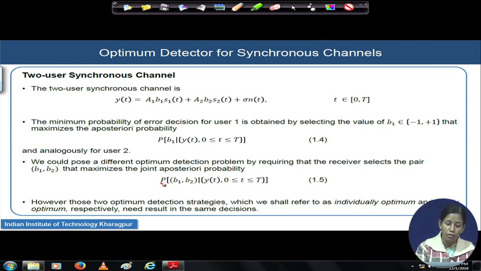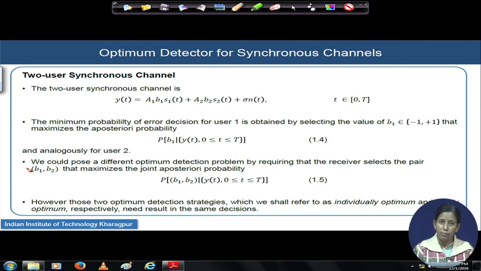One is to individually maximize the a posteriori probability, choosing a value of B1 for a given received signal, or you try to maximize the joint a posteriori probability by proper selection of the incoming pair of data. So, these are the two approaches.